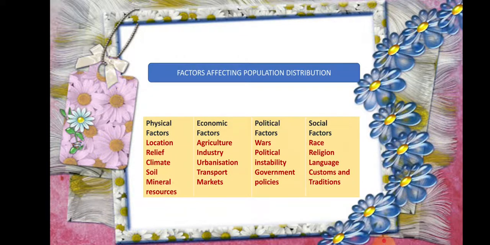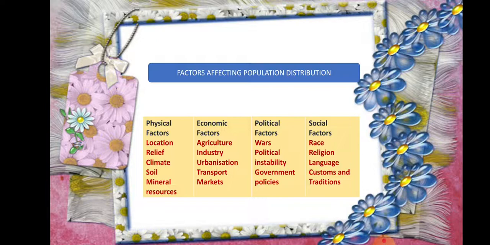I won't like any snow capped areas. I will see the relief, whether it is a flat area or plateau rather than mountainous area. I will see the climate, the soil structure if I am interlinked with farming. If I am connected with minerals, then I will see mineral resources.